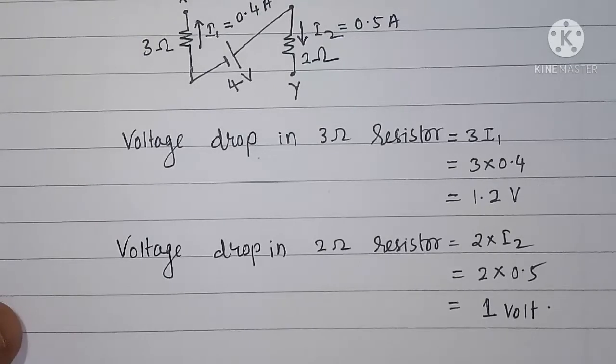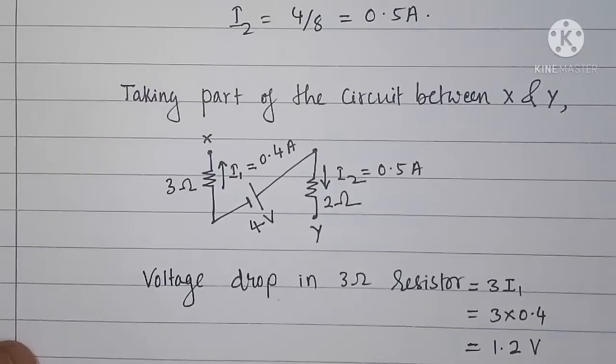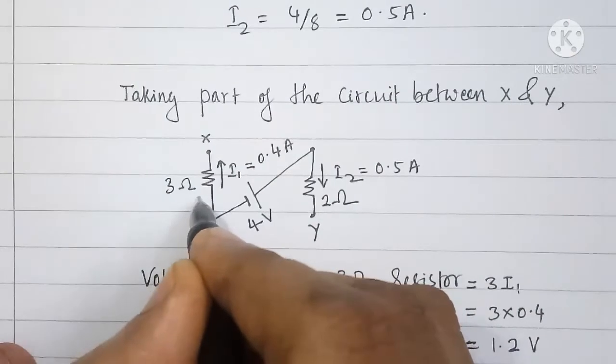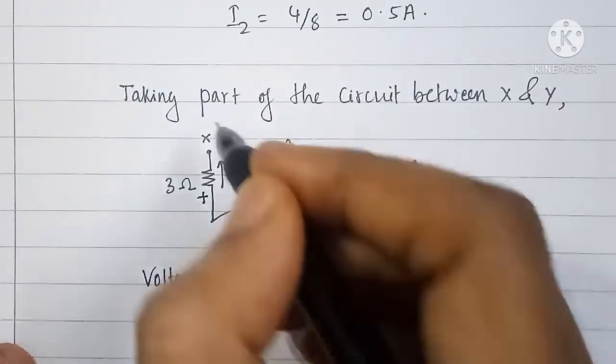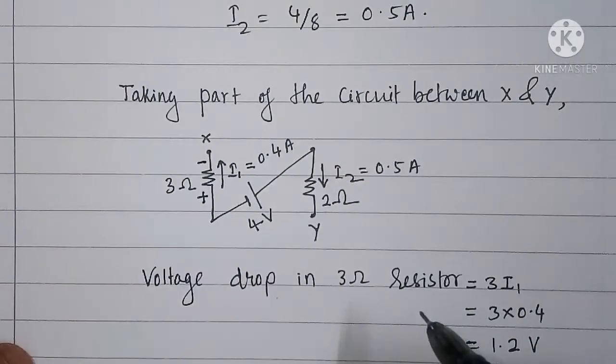Now we will show the voltage drop polarity. Where the current enters, there you show the voltage polarity as positive, and where the current leaves, there you show the voltage drop polarity as negative.